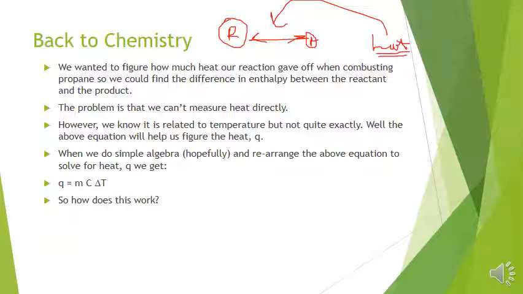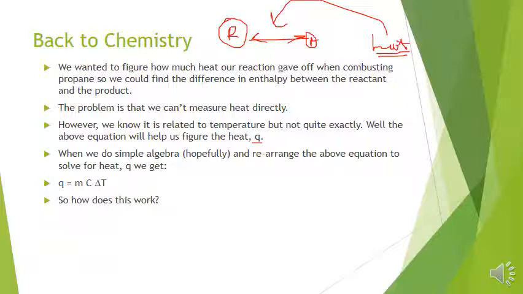But if we look at the equation I just put up, we can do simple math. I hope you can do it. If you can't, that's okay, because I'll do it for you. You can rearrange this equation for heat.